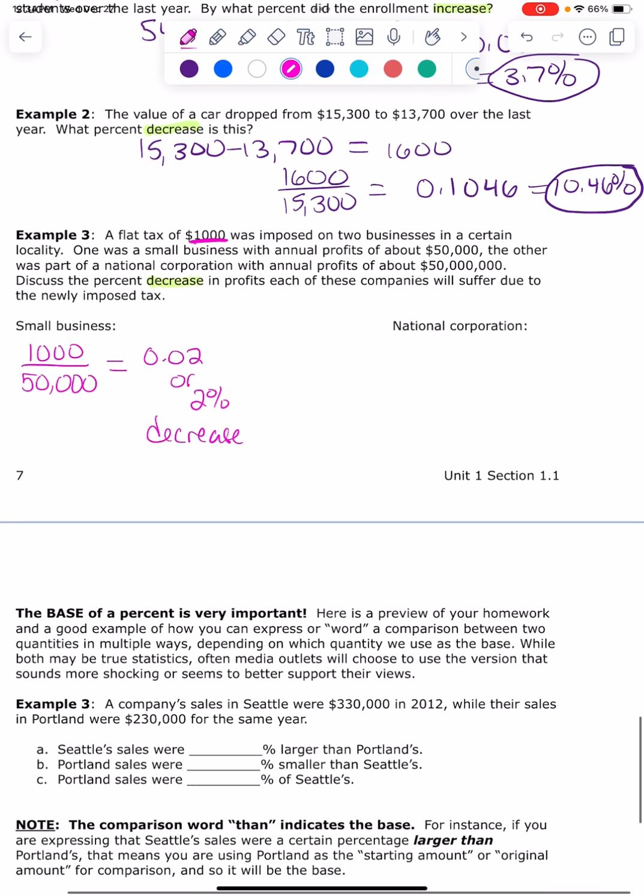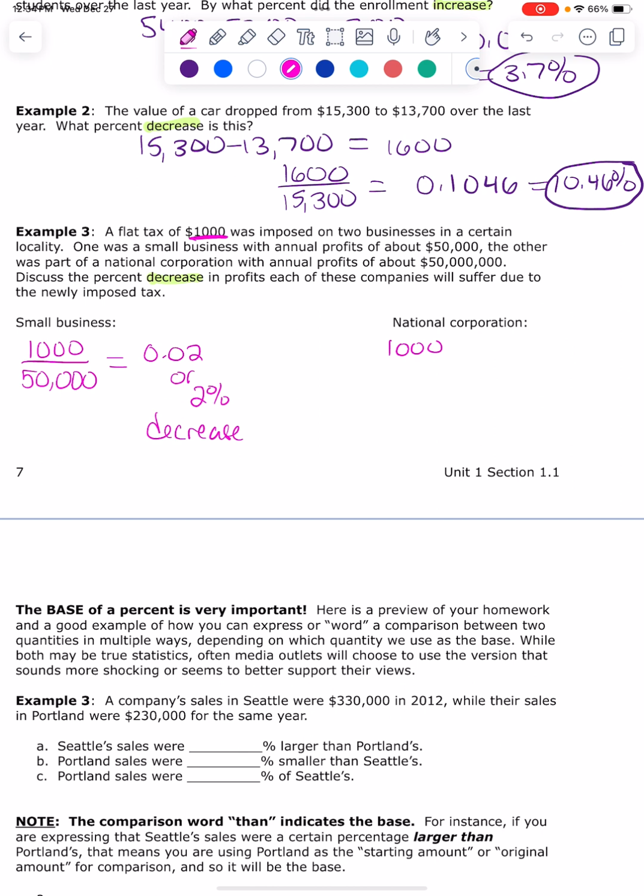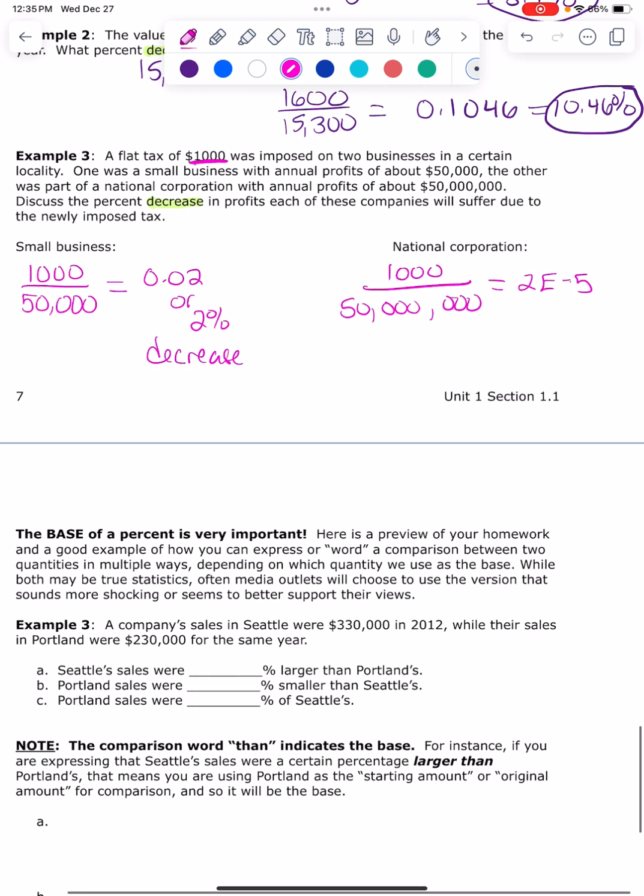But compared to the national corporation, they're paying the same amount, $1,000, but it's over their original, which is $50 million. And that comes out to be, well, if you put it in your calculator, you might get 2e to the negative 5 or something similar to that. What that means is, this is scientific notation, which we'll get into a little bit later, but it means that I need to move the decimal 5 places to the left.